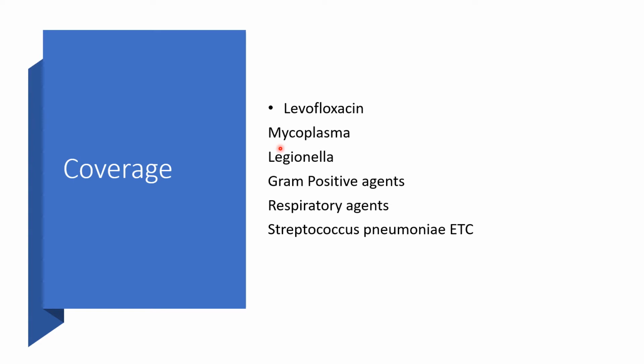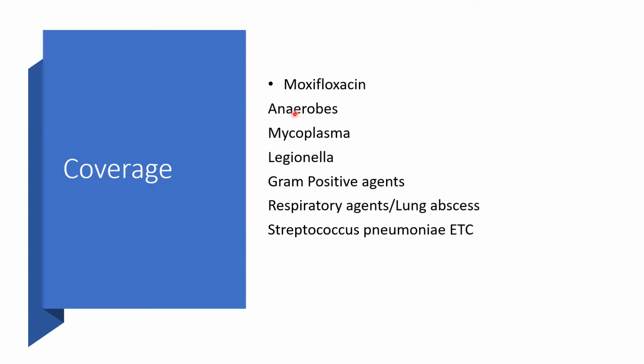Levofloxacin is useful to handle Mycoplasma, Legionella, gram-positive agents, respiratory agents, Streptococcus pneumoniae, and so on. Now, Moxifloxacin. This will be helpful in handling anaerobes, Mycoplasma, Legionella, gram-positive agents, respiratory infections, including lung abscess.